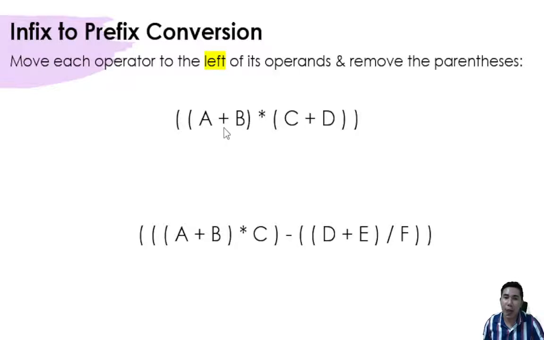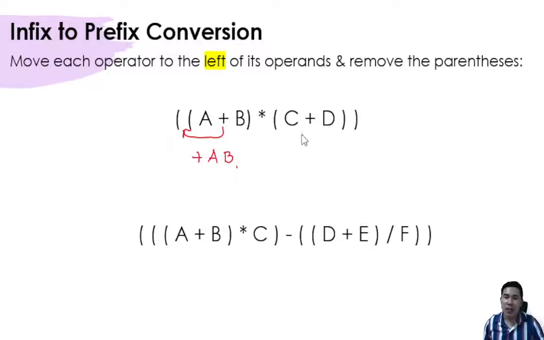So this one, the plus will be moved. Let's make use of other colors. Okay, so we move this operator to the left and remove the parentheses. That's A, B plus.